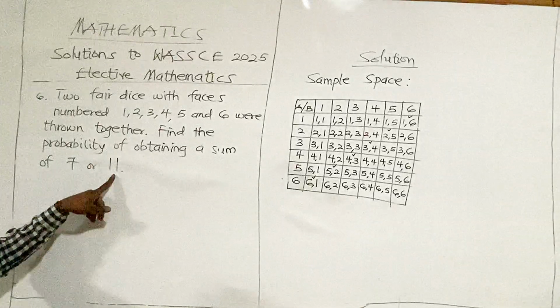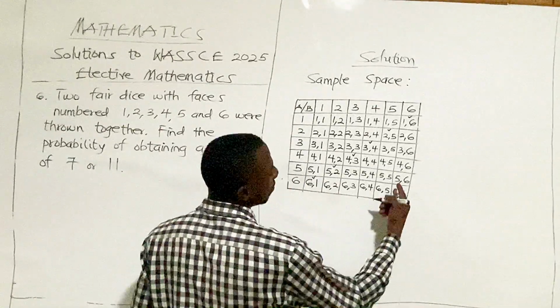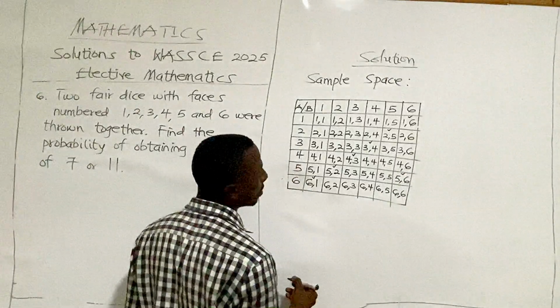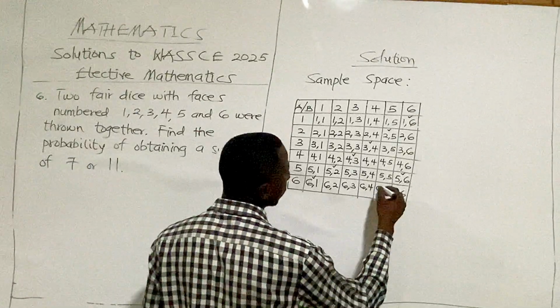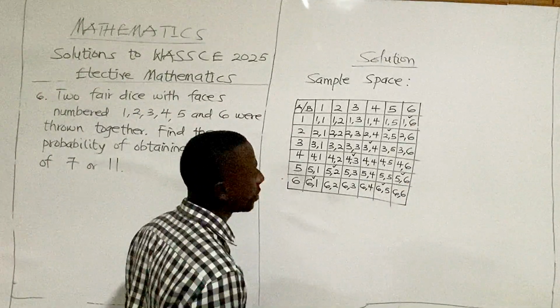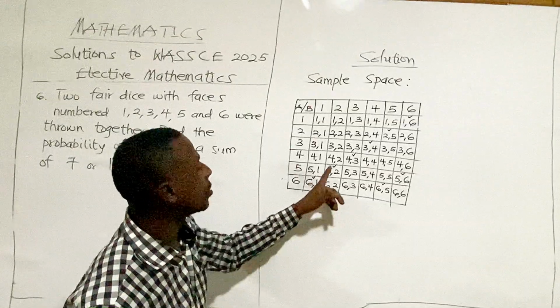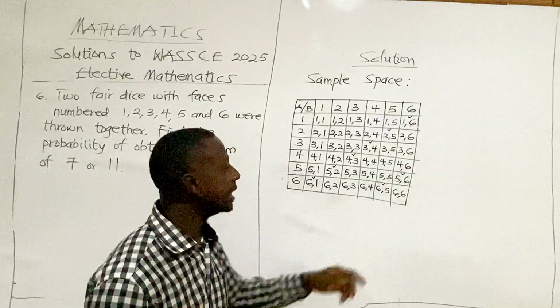Or 11. So you have to add 11 to it. So from here, 5 and 6, when you add, we are getting 11. Then we have 6 and 5, when you add, we are getting 11. So when you put all of them together, we are getting 1, 2, 3, 4, 5, 6, 7, 8.